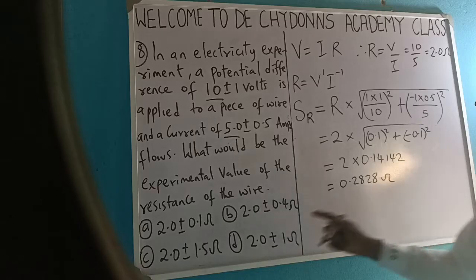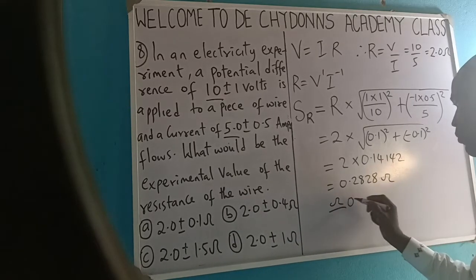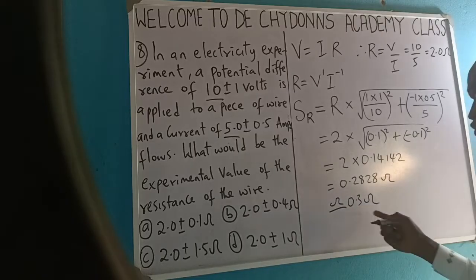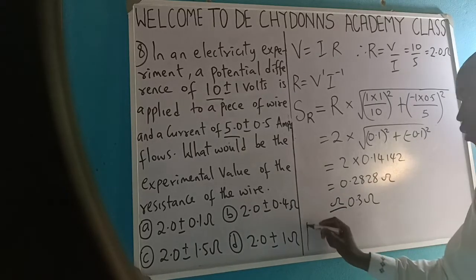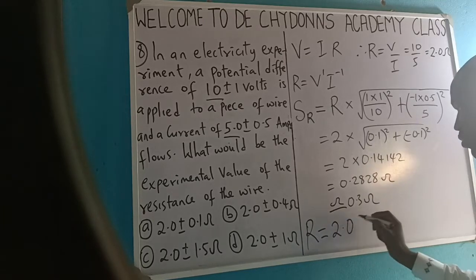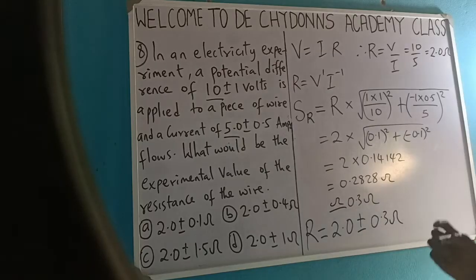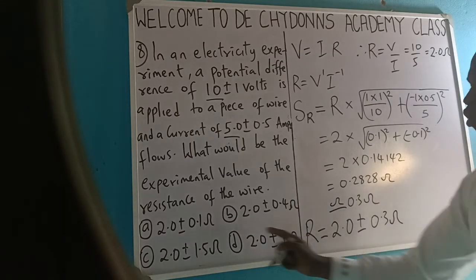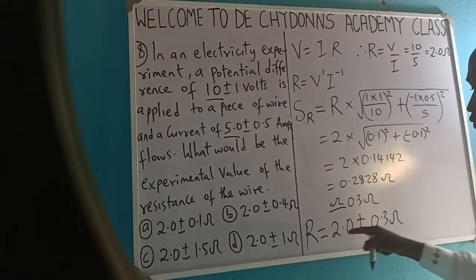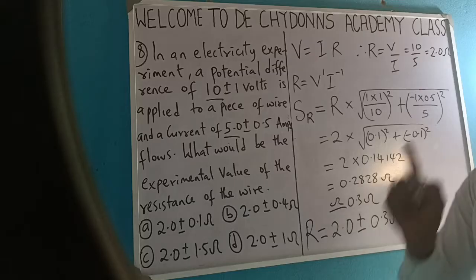Now this, in 1 decimal place, is approximated to 0.3 ohms. Therefore, our effective resistance is equal to 2.0 plus or minus 0.3 ohms. That is it. That means we'll be looking at the options. None of the options gave us the exact value, but this is the exact value you are meant to get.